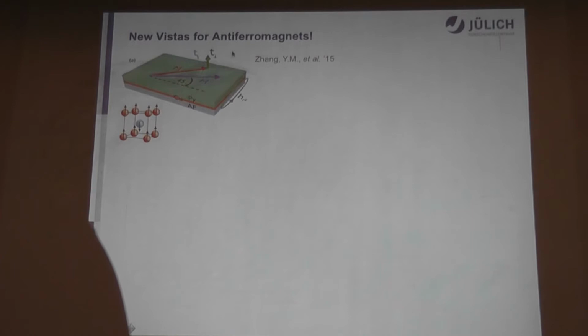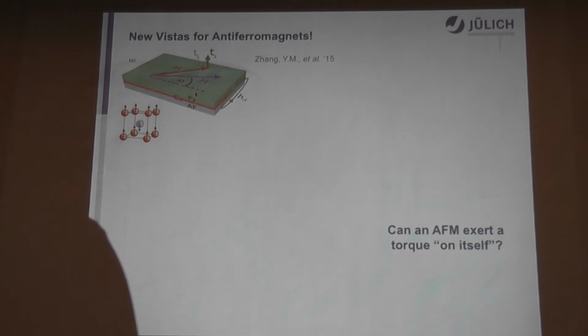In the first study with our collaborators from Argonne, Axel Hoffmann, we have shown that antiferromagnets, although they have vanishing magnetization, can give rise to a large spin Hall effect. And the spin Hall effect can exert a relatively large torque on a ferromagnet if you bring it in contact with it. Now, what we asked ourselves then is whether an antiferromagnet can exert a torque on itself, so to say.